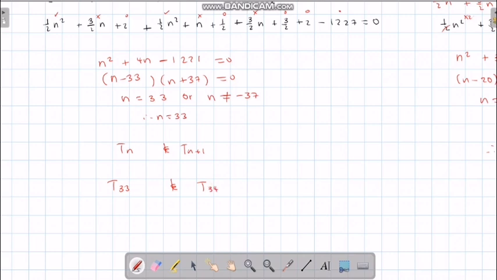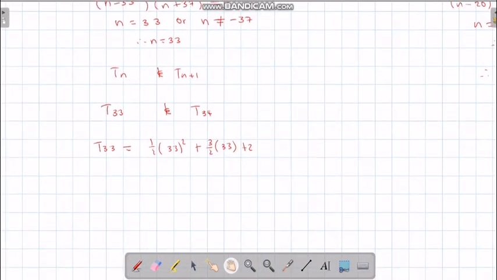So now what are we supposed to do? We should now find T33, 1 over 2 times 33 squared plus 3 over 2 times 33 plus 2, and get term number 34.